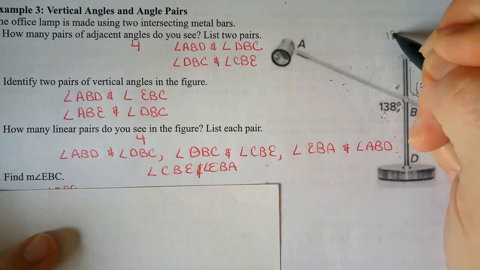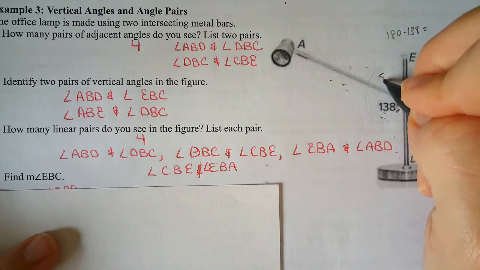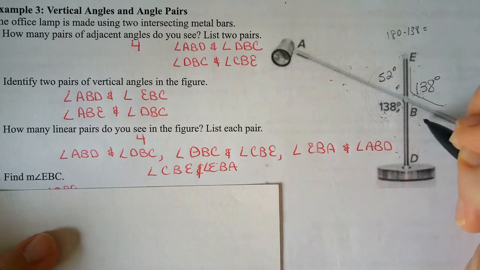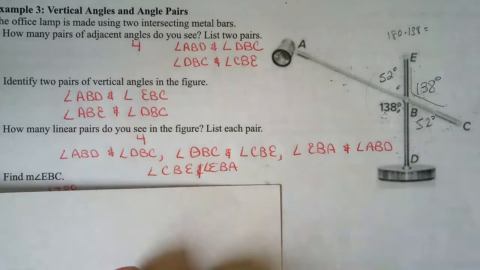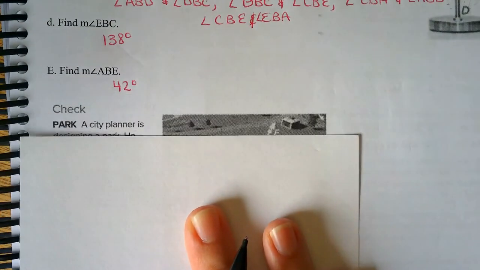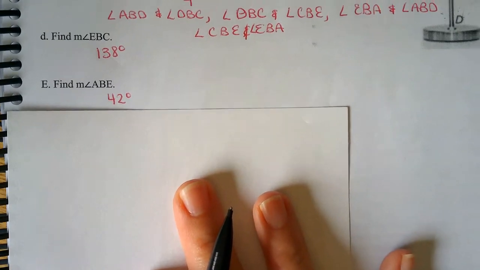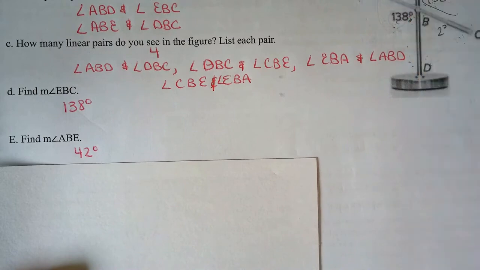So if I do 180 minus 138, I'm going to know that this guy has to be 42, which then also makes this guy 42 because all the way around there, they should be adding to 180. All right, pause the video and try the check question. Oh, I guess I was supposed to do, I'm off on my math. Sorry, 42, not 52.